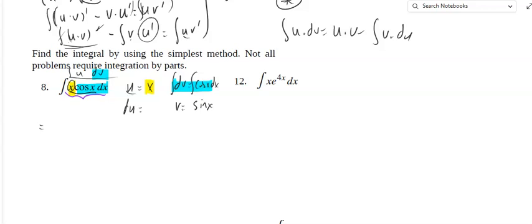The derivative of x is simply 1 times dx. Basically, this is what you're saying: du dx equals 1 and you cross multiply. But no need to show that step. And the way it's going to work, it's going to be u times v. It's always this way, u times v.